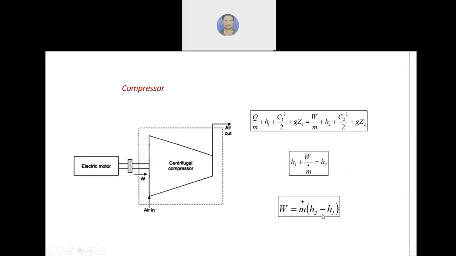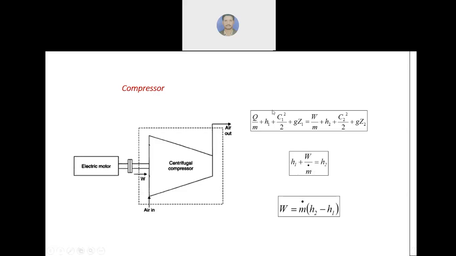Now someone can say, sir, if it is a printing mistake, then why is it like this? So you can take it in another way: because I said the system is consuming work, it should come negative. So this is represented in the form of negative.